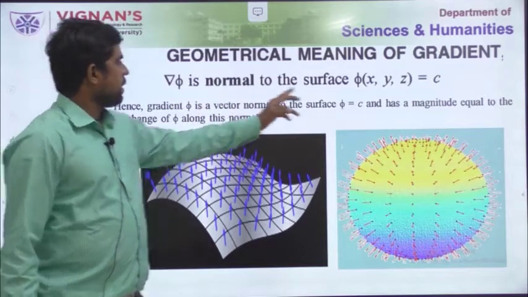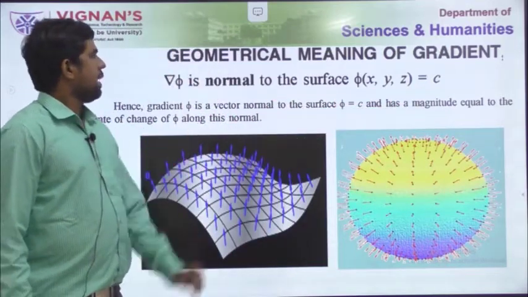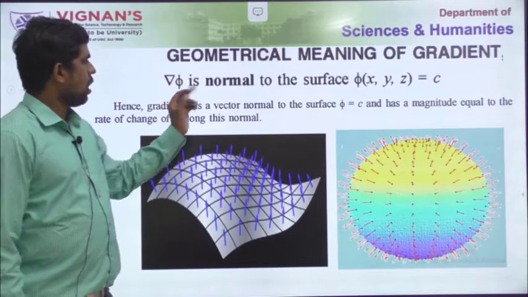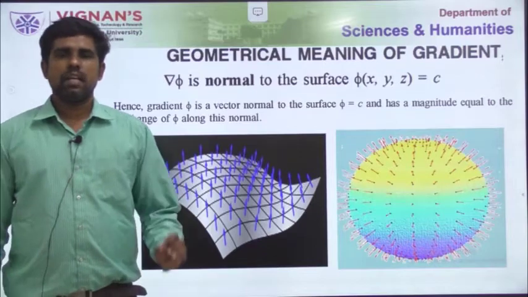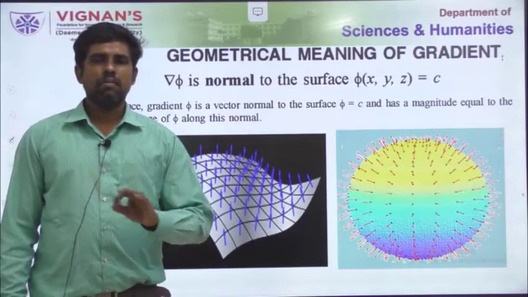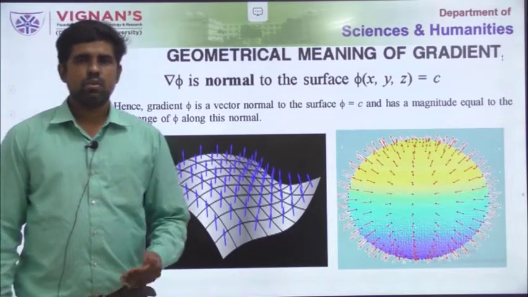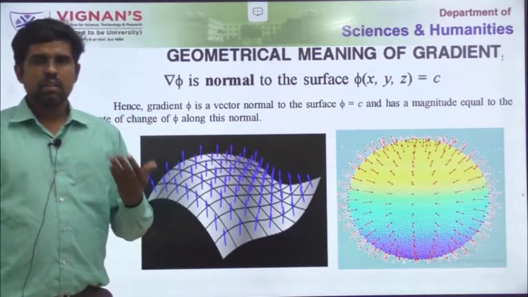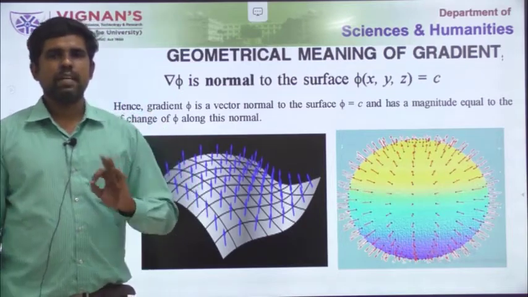So I am considering a surface phi of x, y, z equal to c, and del phi is normal to the surface. Grad phi is nothing but a normal vector to the surface. To remember, normal vector means you can assume a perpendicular vector at that point on a surface.